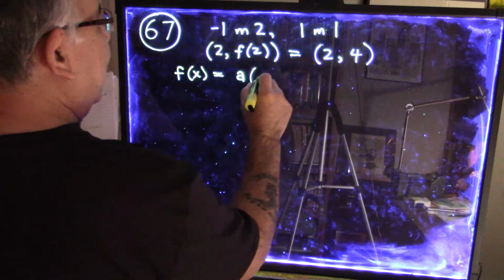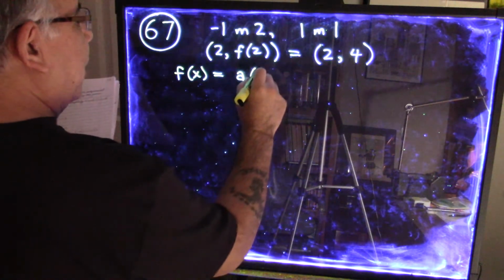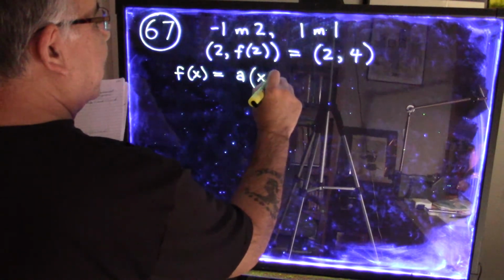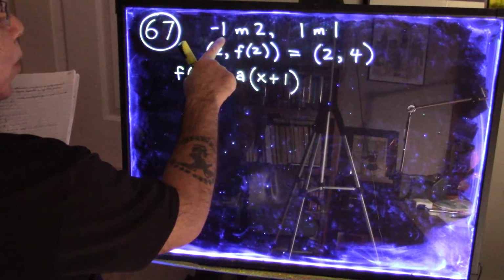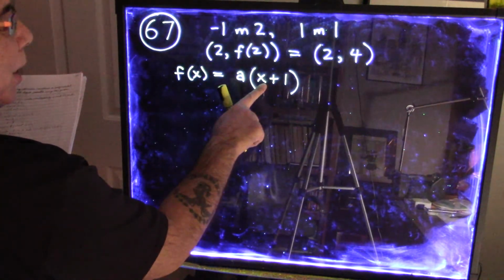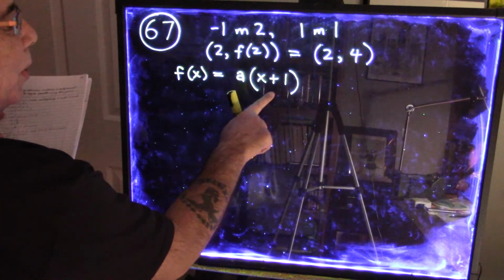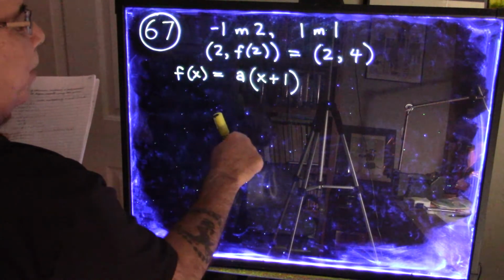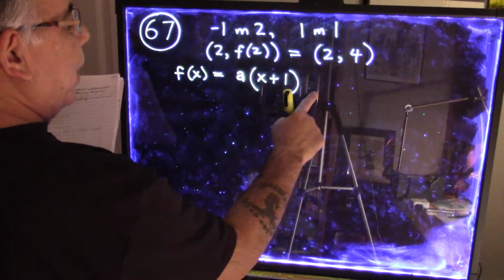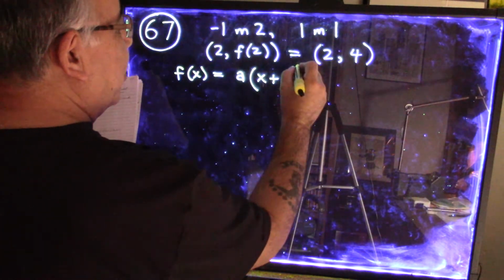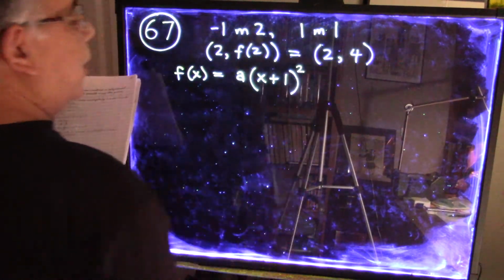So that would mean that one of the factors in this polynomial must be x plus 1, because when x is -1, plug it in there, -1 plus 1 is 0, so you get a 0 that way. Now it's a multiplicity of 2, so it's going to be x plus 1 quantity squared.